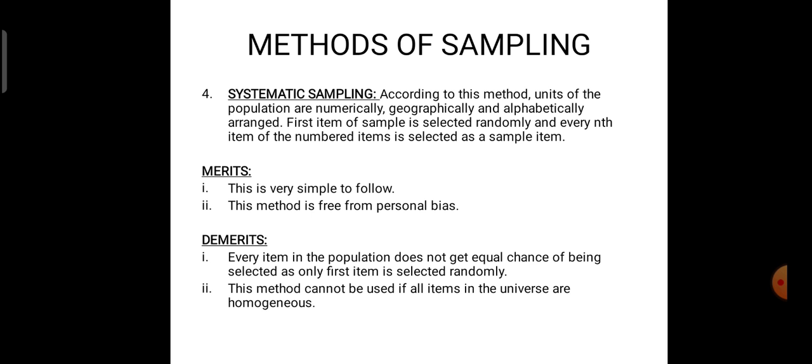This method is free from personal bias of the investigator, because as we know, everything is arranged in a systematic manner, and also the first item is selected randomly, so there is no chance of personal biases or likings or dislikings of the investigator to be included when he selects the sample.